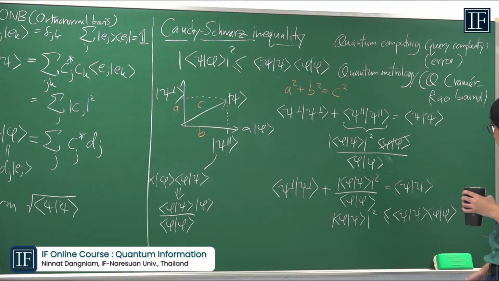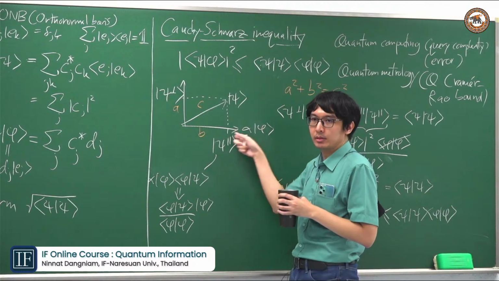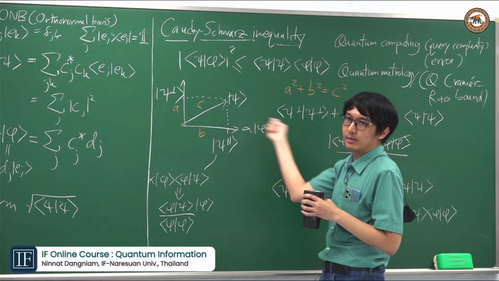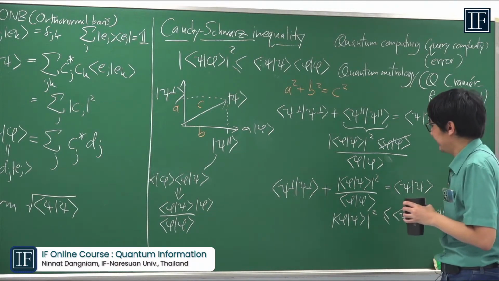To put it in words, the Cauchy-Schwarz inequality is saturated if and only if psi is already parallel to phi. So if it's in the same direction or opposite directions, parallel or anti-parallel.